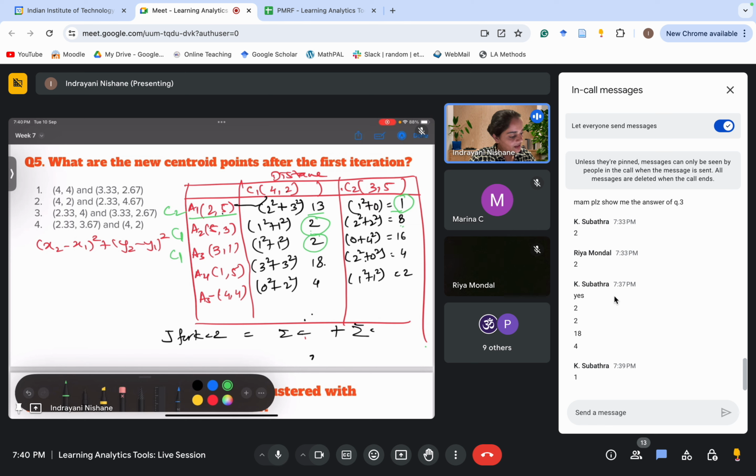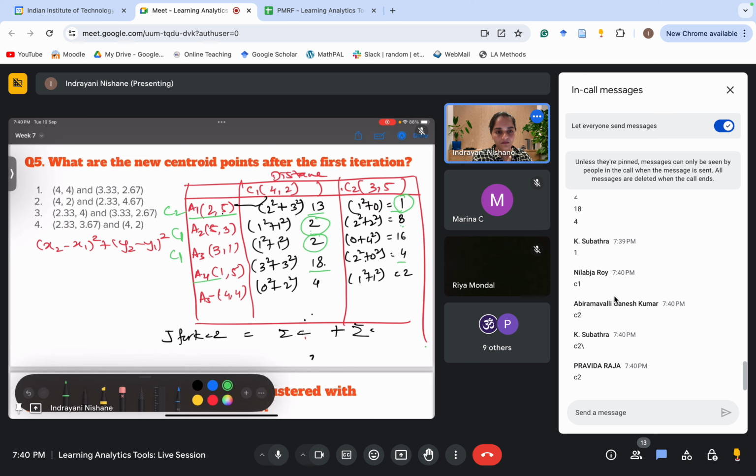So now you tell me, A4 will belong to which cluster, C1 or C2? C2, absolutely right, because out of 18 and 4, 4 is lesser, so that data point A4 is closer to C2. That centroid is nearer to A4, so it will belong to C2.